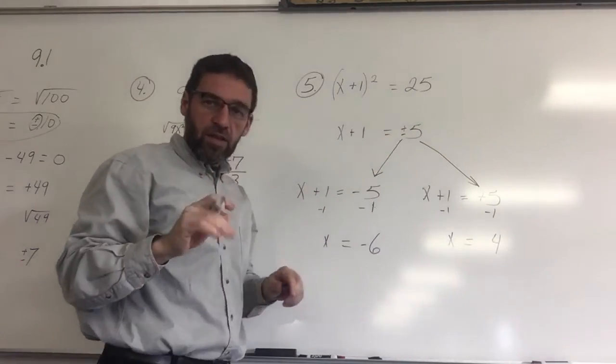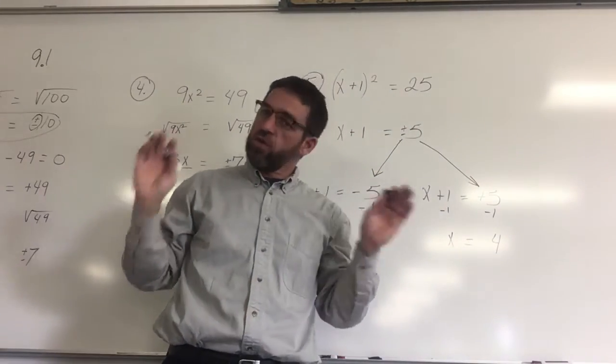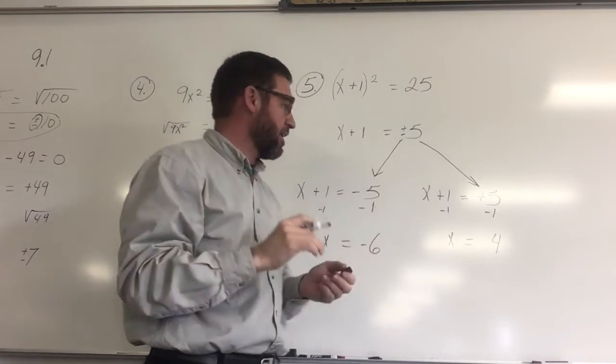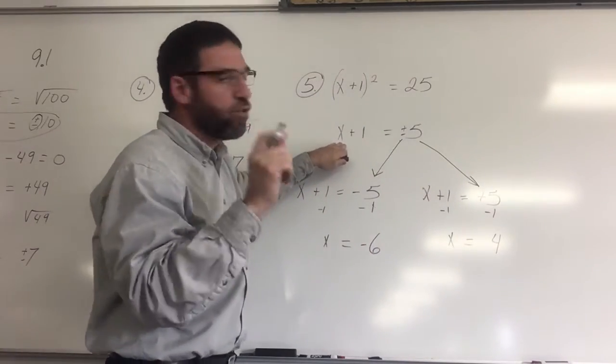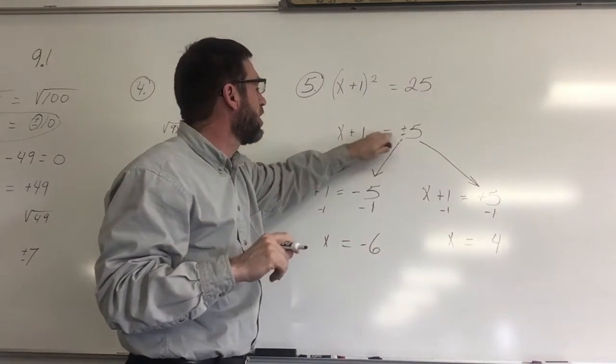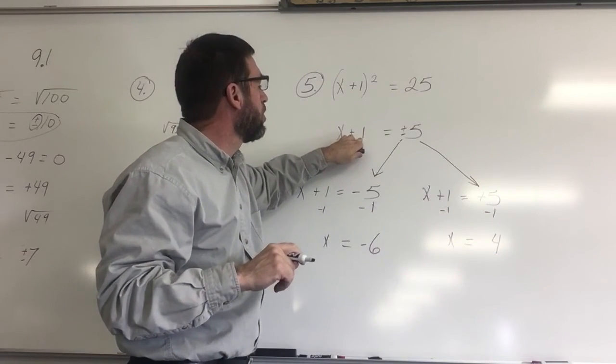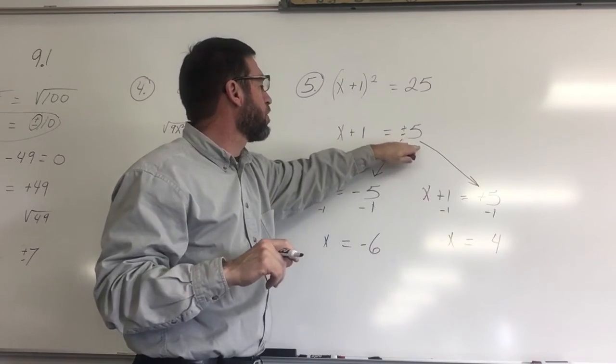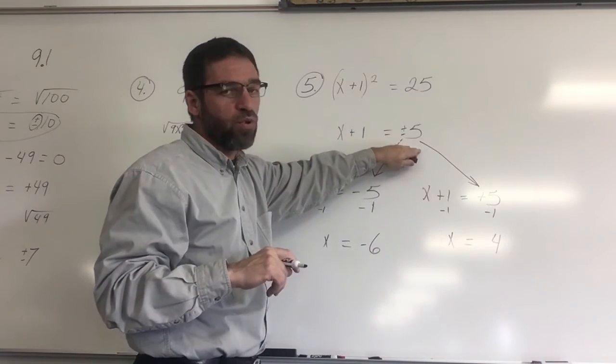Okay, here again, it's like that other problem in 4. You can't stop. You have to isolate the x totally by itself. Now you're in trouble because you have a negative 5 and a positive 5. And so when you take the 1 over here to isolate the x, you subtract 1.